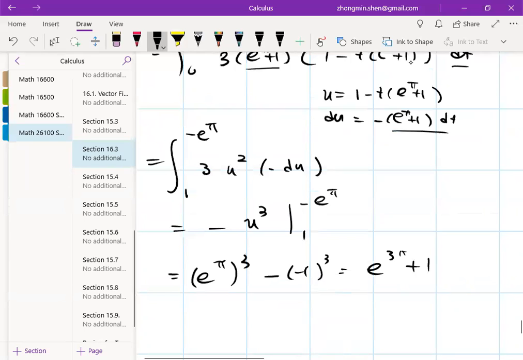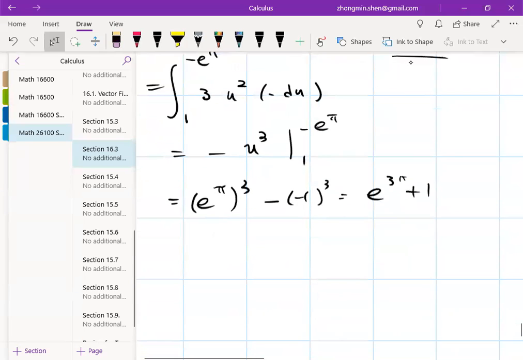Then you don't need to find this little f, and you still can evaluate this line integral, because when it's conservative, this line integral is independent of the particular path connecting those 2 points. So you can choose an easy, simple path instead of the complicated one given. So you always have some options.